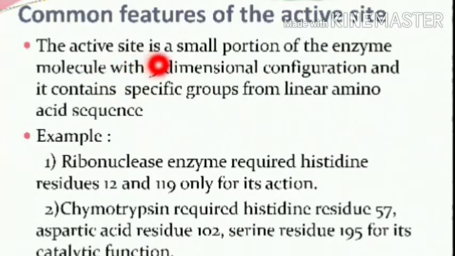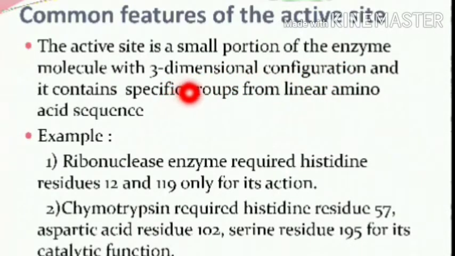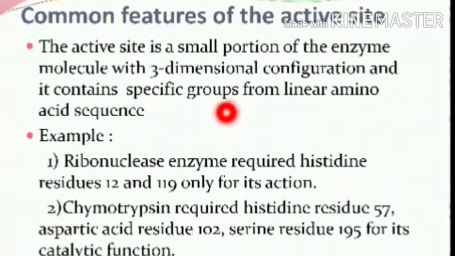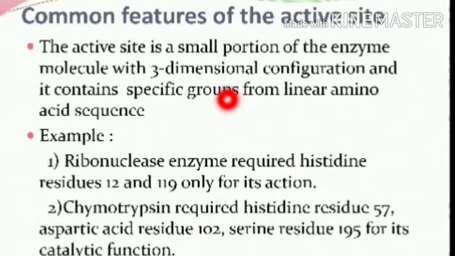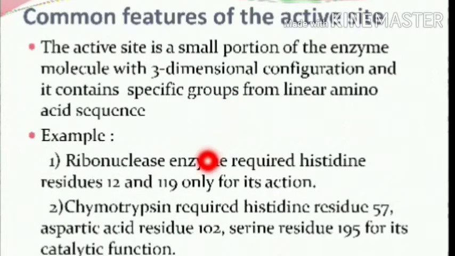Now let us see what the common features of the active sites are. The active site is a small portion of the enzyme molecule with three-dimensional configuration, and it contains specific groups from linear amino acid sequences. So the active site has a three-dimensional configuration, and it consists of a chain of amino acids with specific groups.